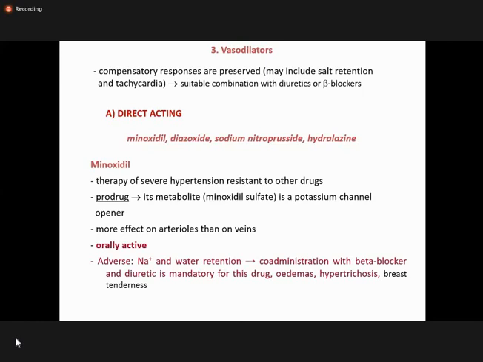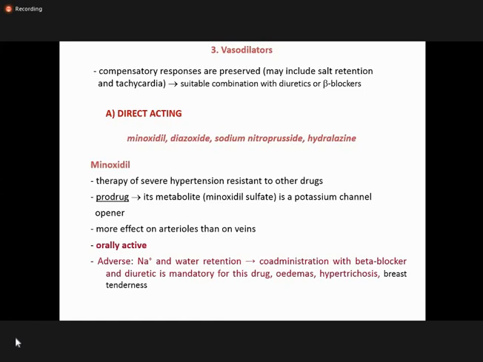Compensatory responses are preserved. This is important because this point also we discussed yesterday, that is called the reflex activity. When we are using vasodilators and there is vasodilation, that will lead to pooling of blood, decreased cardiac output, decreased blood pressure, and when there is decreased blood pressure, two important reflex activities follow. Number one, stimulation of the sympathetic nervous system to increase the cardiac activity.